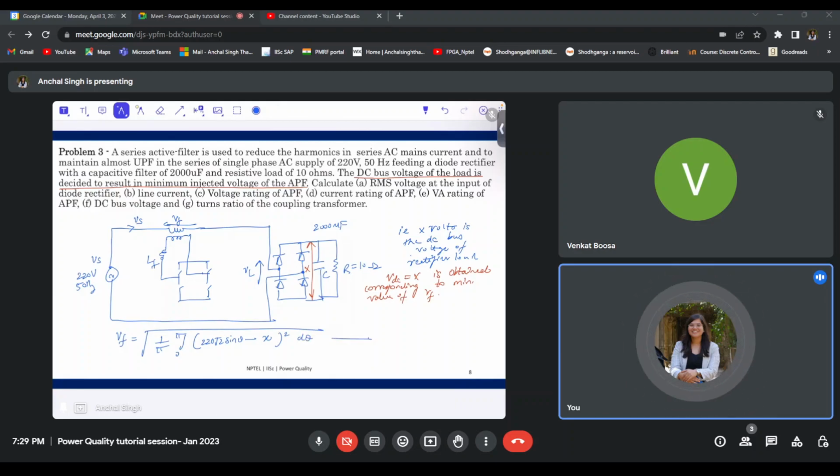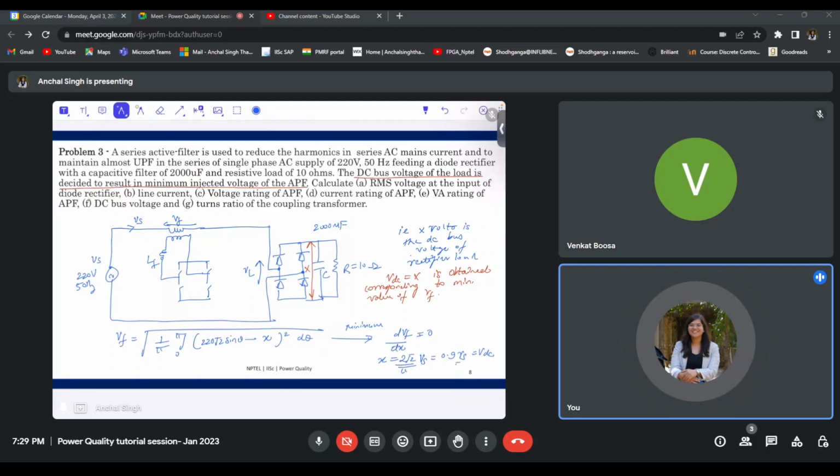Now I need to find the minimum value of this Vf. That means I will have to do the integration and then differentiate dVf with respect to dx and equate it to 0. By doing this, I will obtain the value of x as 2 root 2 by pi into Vs, which is 0.9 into Vs, which is equal to VDC.